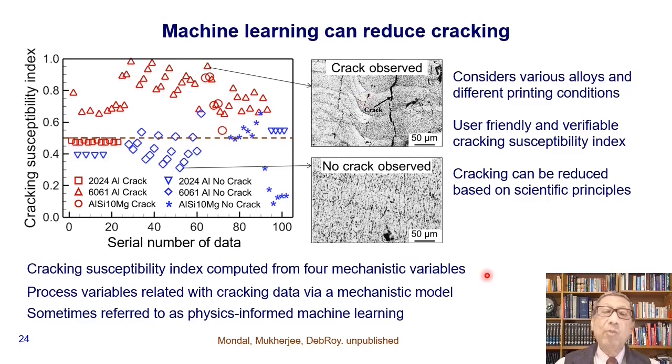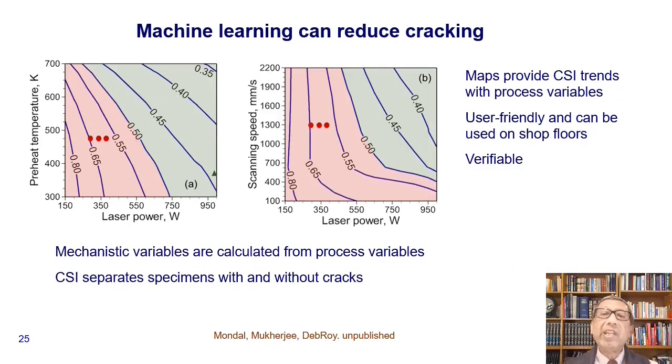And it is computed from 4 mechanistic variables. And process variables are related with cracking data via a mechanistic model. The CSI is very user-friendly and people can use it on the shop floor. We can also produce maps in which we can correlate the raw variables, which is what we have to deal with on the shop floor.